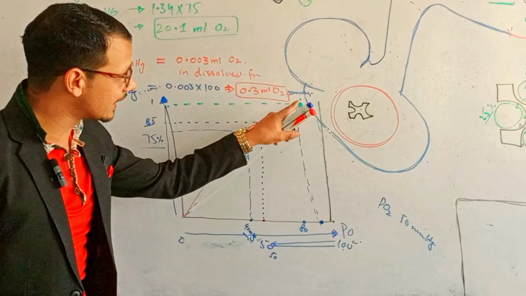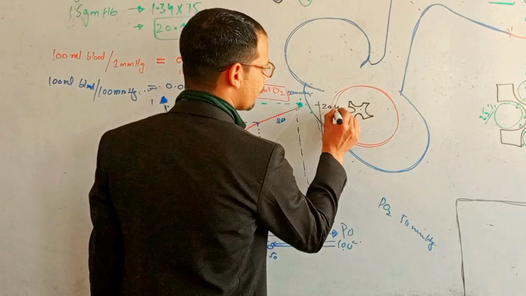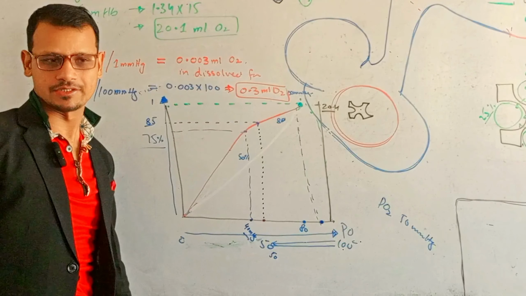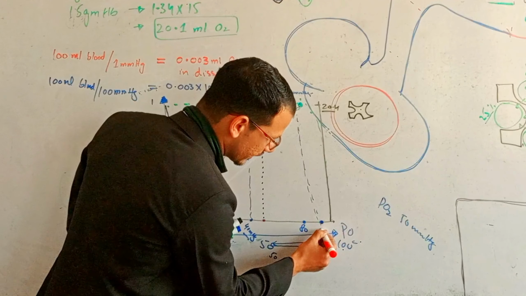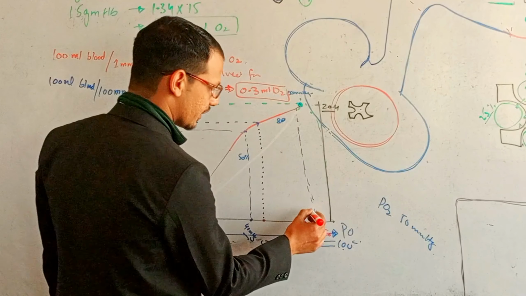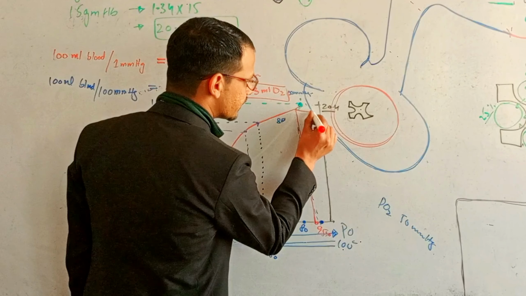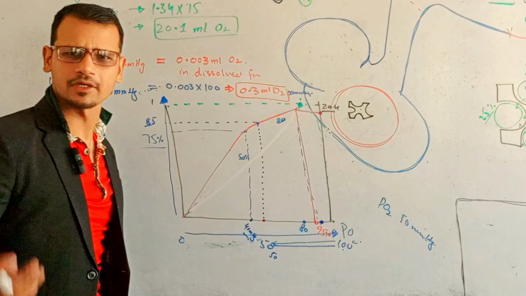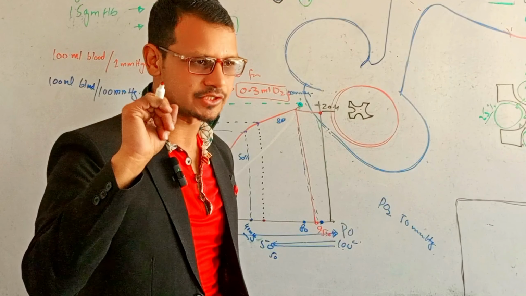At 100 mm of Hg, I have 20.4 ml of oxygen. But when we drop this 100 to 95, joining this point and this point, it means a very slight decrease in oxygen amount.